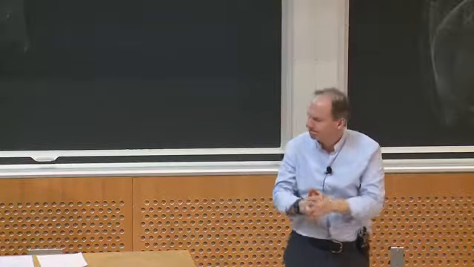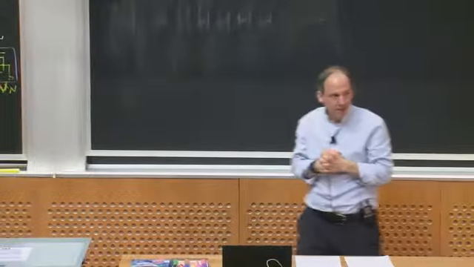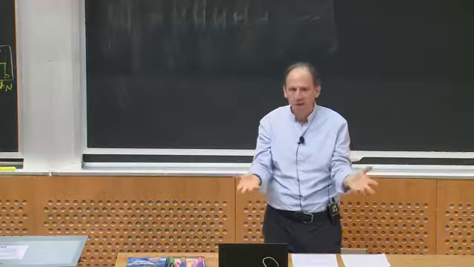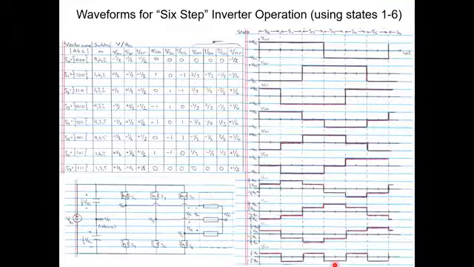Okay? That's a fine way to operate. And in fact, it generates the largest fundamental component you can generate out of this inverter. Why? Because each half bridge is basically generating a square wave. The largest fundamental component you can generate when you're not tying the neutral back to the reference point, I should say.